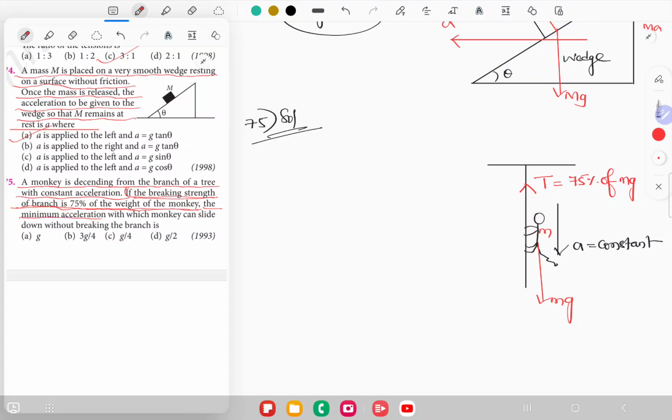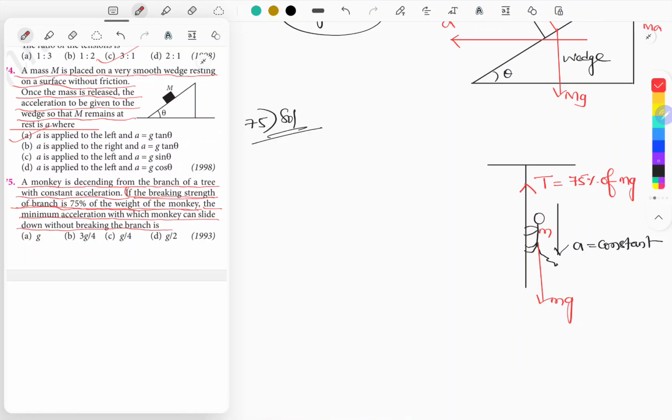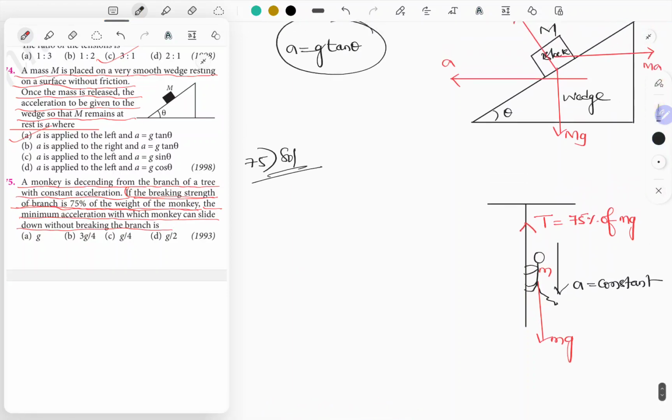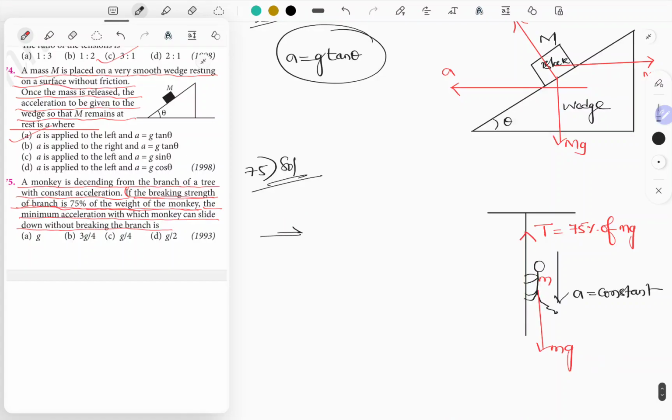The minimum acceleration with which the monkey can slide down without breaking the branch. As the monkey is moving down, which is greater, mg or tension? Definitely mg is greater. So mg minus T equals mass times acceleration.